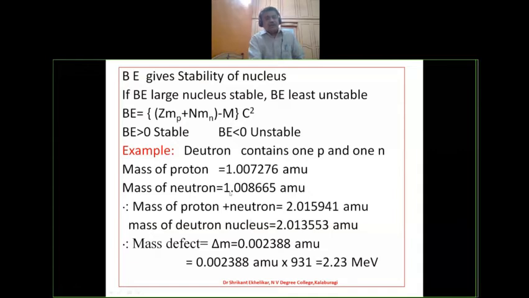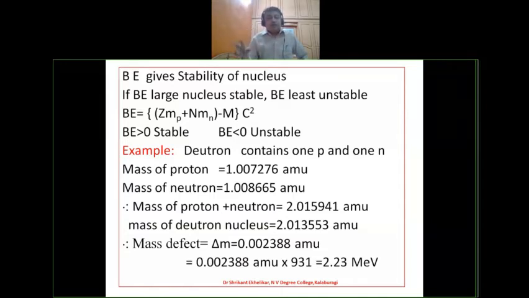So, you can calculate another example, the binding energy of a deuteron. What is a deuteron? It is 1H2. The hydrogen nucleus is only 1H1, that is, only a proton is inside the hydrogen nucleus. If there is one neutron inside it, 1 proton plus 1 neutron makes deuterium.